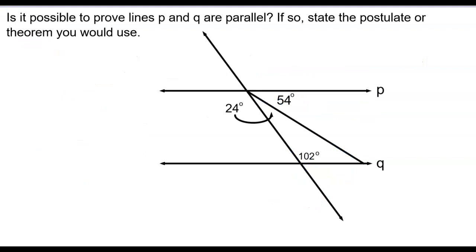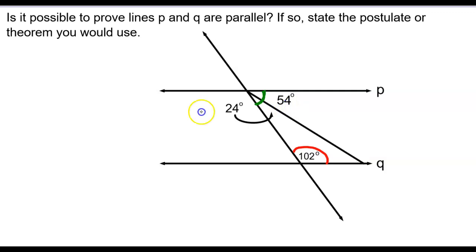Okay, it says, is it possible to prove lines P and Q are parallel? If so, state the postulate or theorem you would use to prove that. So we have this big angle right here, and we know something about this angle down here. This green one and this red one would be considered same side interior angles. We know that those would have to be supplementary.